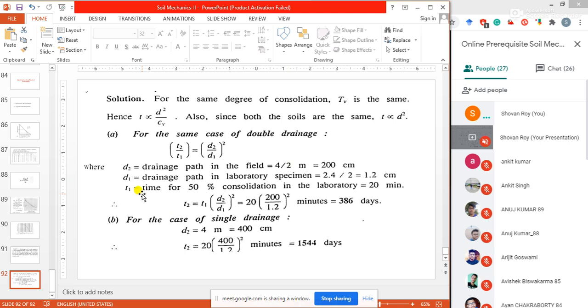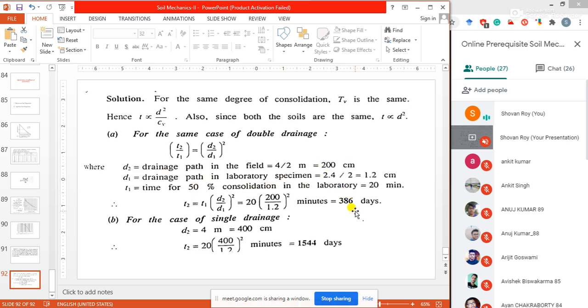Remember, t1 is the time for 50% consolidation in the laboratory, that is 20 minutes. Now t2 equals t1 into d2 square by d1 square, equals 20 into 200 by 1.2, whole square, because our actual height in the field is 4 meter. Due to double drainage we have divided by 2, that is 2 meter or 200 centimeter. The 1.2 is d1, the drainage path in the laboratory specimen.